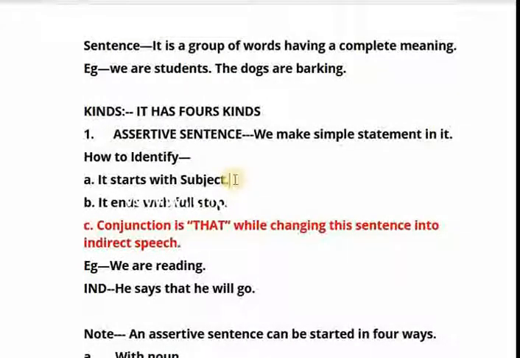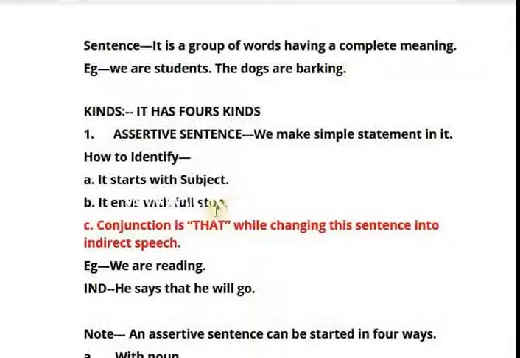So these are the four ways to start an assertive sentence. The second thing which you need to keep in mind is that it ends with a full stop. An assertive sentence will always end with a full stop. It starts with a subject and it ends with a full stop. These are the two identifiers which you always have to keep in mind.